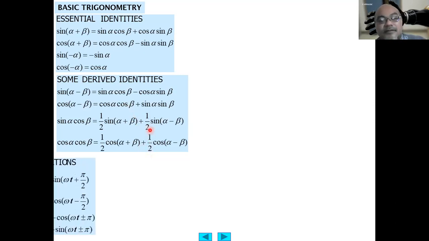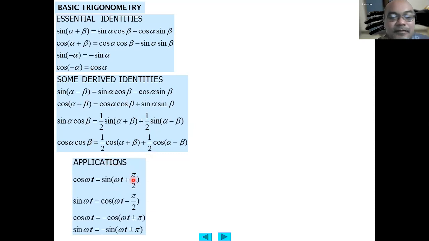Okay, then for application, for example, cosine omega t equals sine omega t plus pi over 2. So if we put this into this formula, then this equals cosine omega t sine pi over 2. Sine pi over 2 is sine 90 degrees, which is 1.